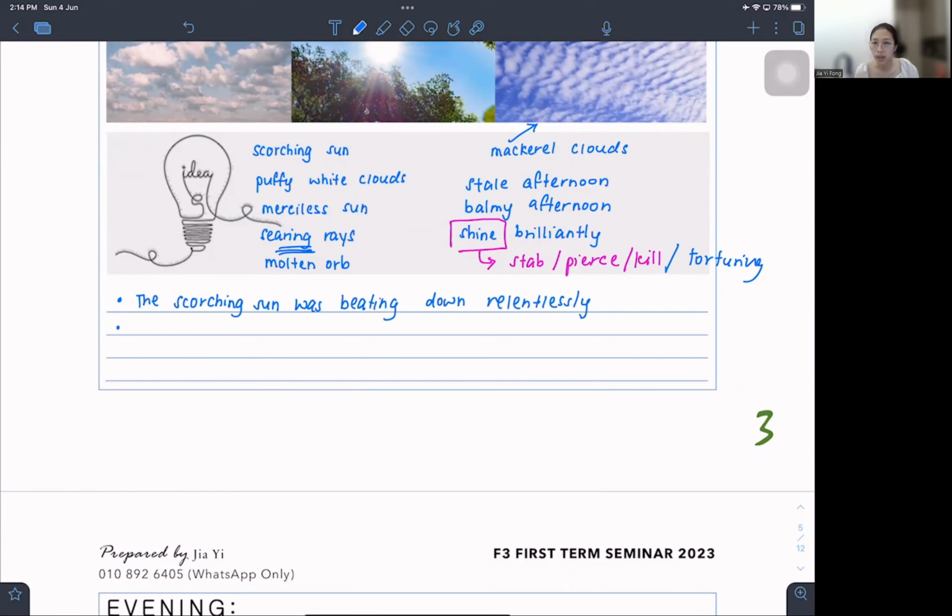Method number 2. You know how sometimes when the weather is super hot, you look at the road and it feels like, oh my God, it's burning me, that kind of feeling.